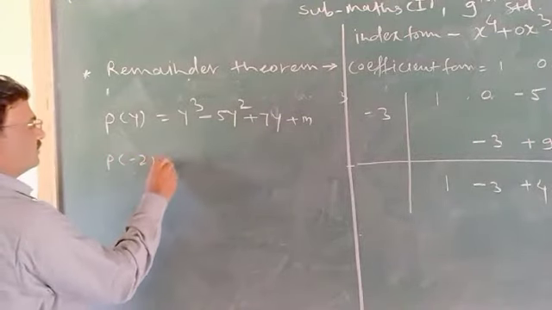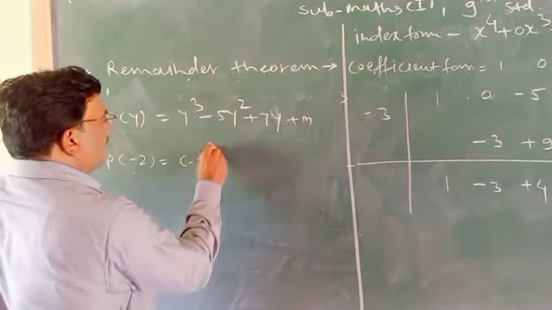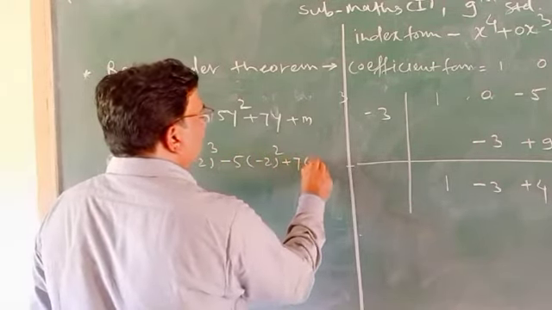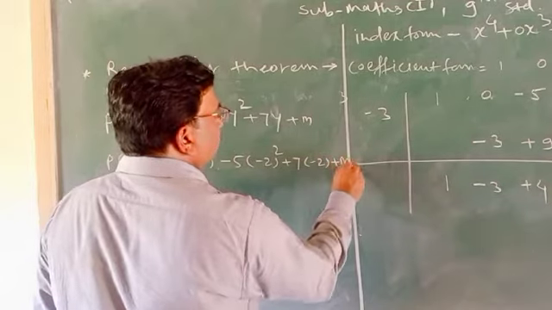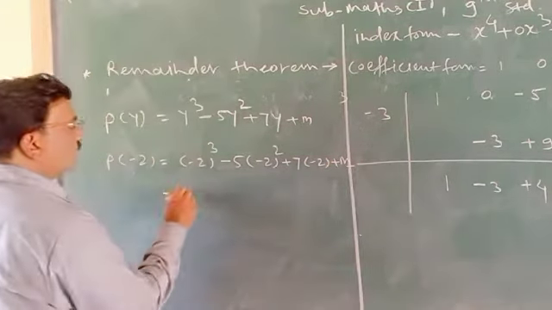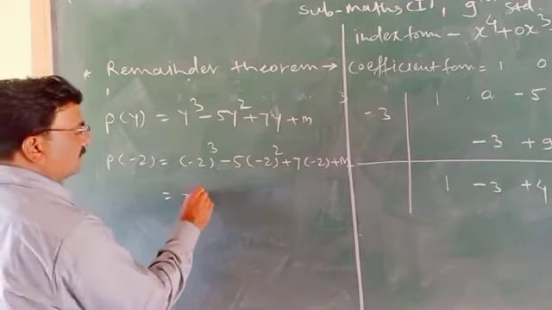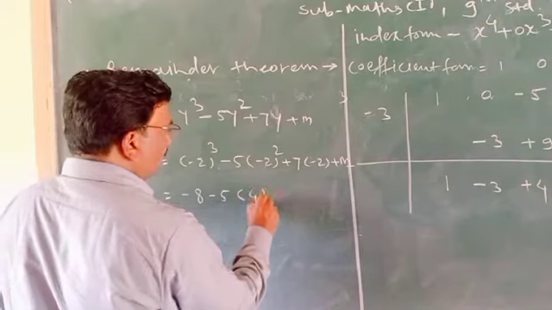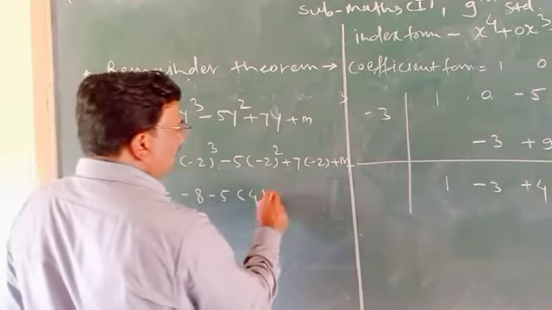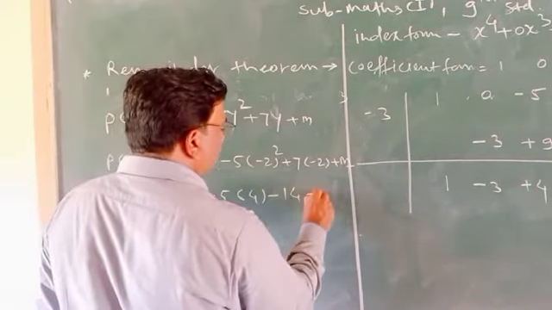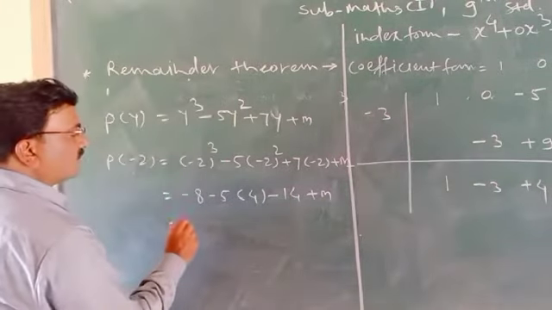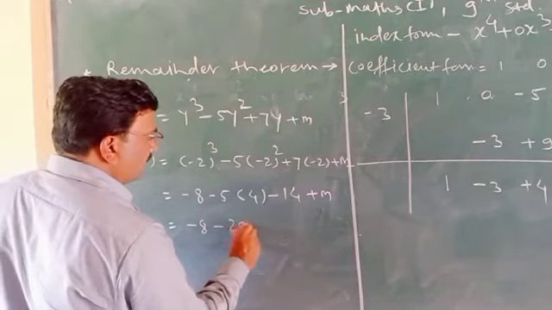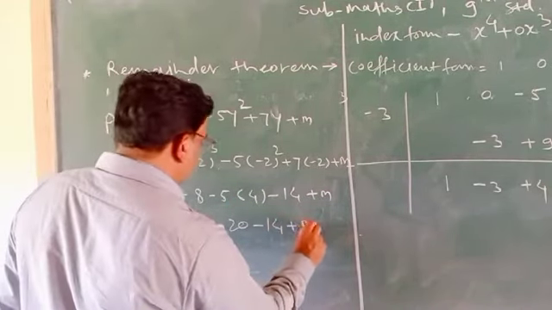P of minus 2 is equal to minus 2 in bracket cube, minus 5 into minus 2 square, plus 7 into minus 2, plus m. The cube of minus 2 is minus 8. Then minus 5 into the square of minus 2, which is 4, gives minus 20. Then 7 2s are 14, so minus 14 plus m.